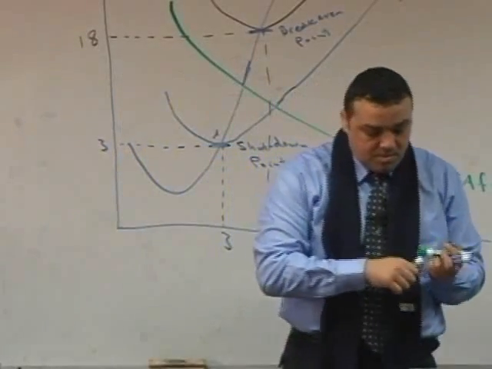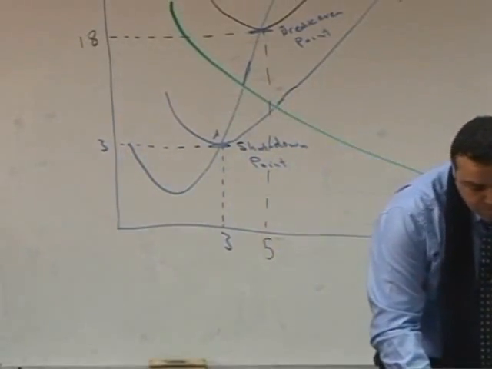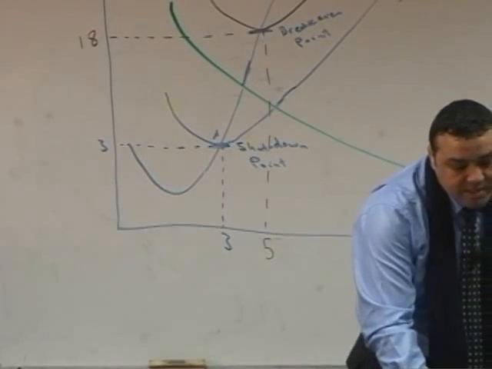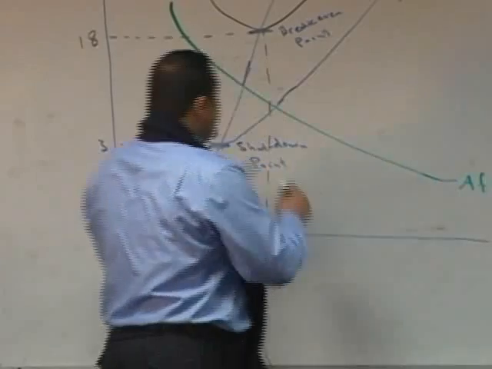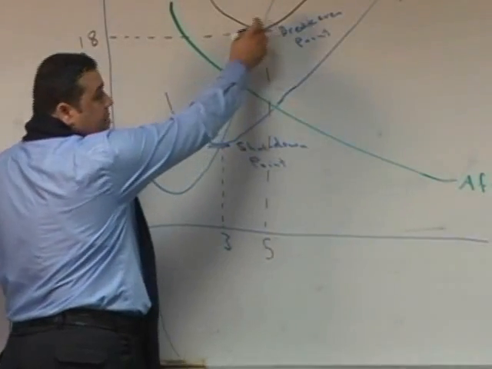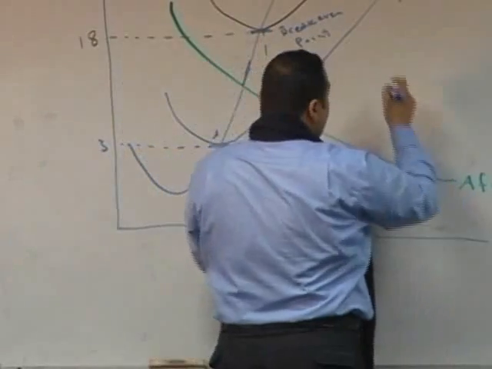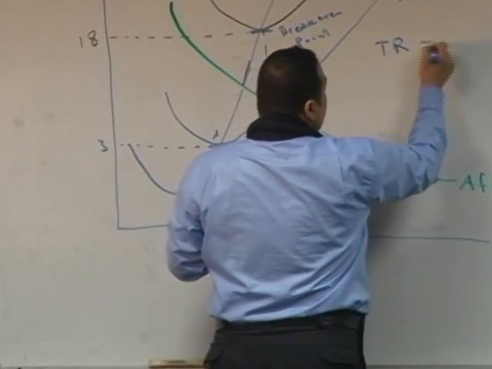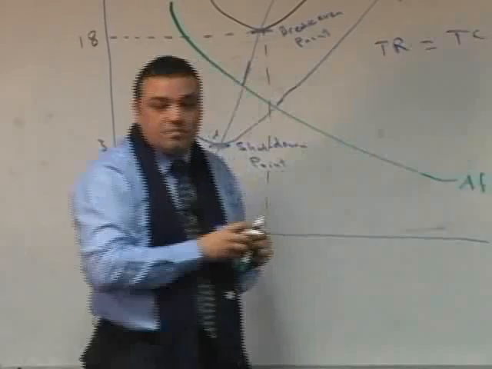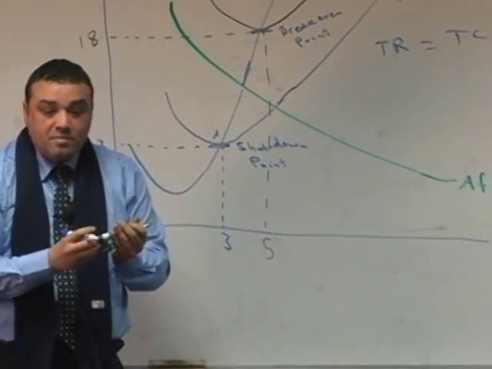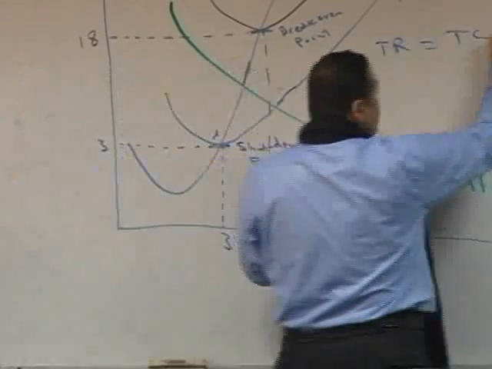Right? Okay. Or the price equals ATC, the minimum ATC. At this point, when total revenue equals total cost, we have what? Break even, right? There is a break even.